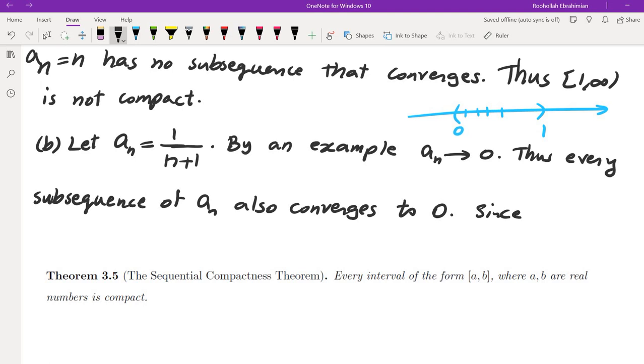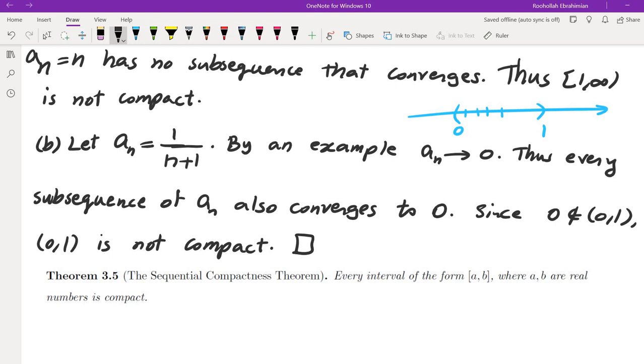And since 0 isn't in this interval, the interval (0, 1) is not compact. We found a sequence that has no subsequence that converges to an element of the set.